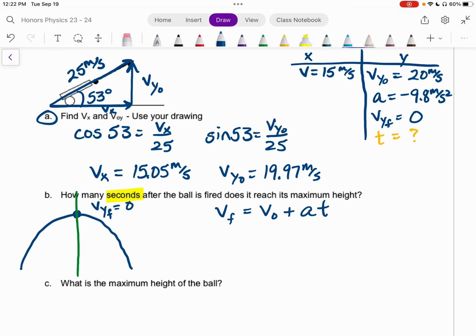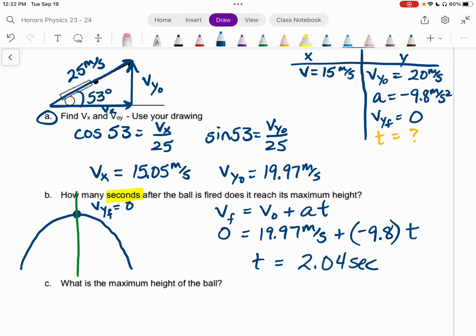Again, if I'm only looking at the first half of the problem, the final velocity is 0. The original velocity is 19.97 meters per second. Acceleration is negative 9.8. And time is what I'm looking for. When you do the algebra and plug it into a calculator, you find that that's equal to 2.04 seconds.